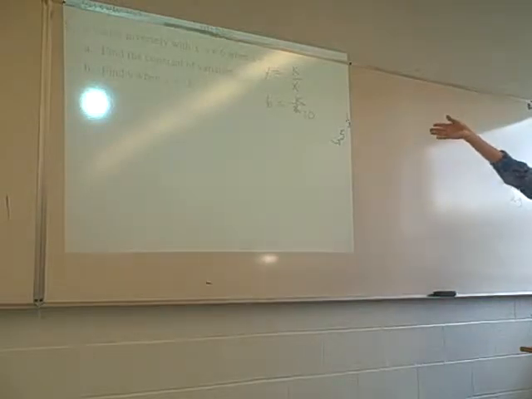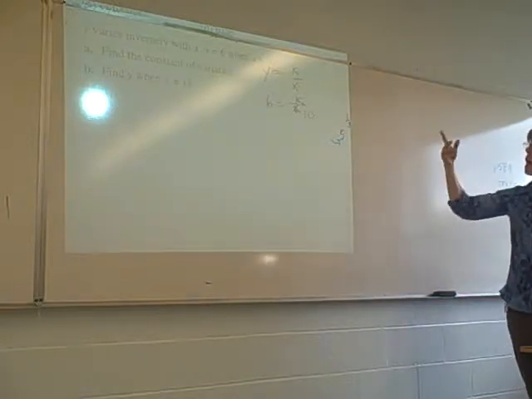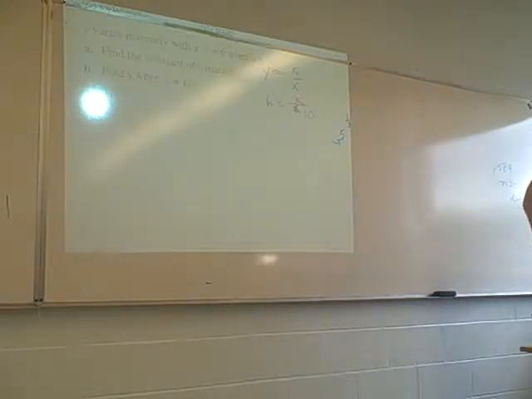Okay. So when y varies inversely, immediately I know I have an inverse variation. It's going to be y equals k over x. So this was plug and chug: when y equals 6, and when x is 10, find the constant of variation.